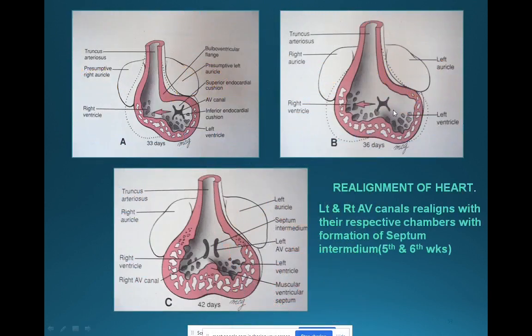Initially, the atria were connected only from the right side to the left side. But now, due to the fusion of these cushions, the superior and the inferior endocardial cushions, there are two separate atrioventricular canals.